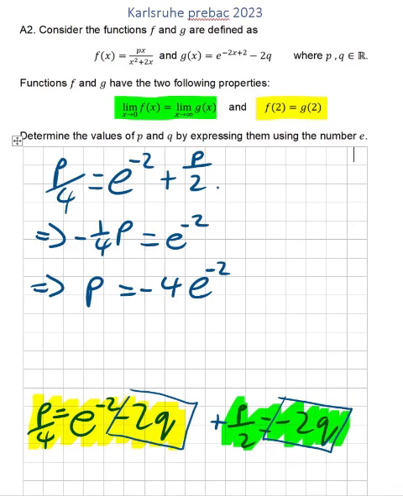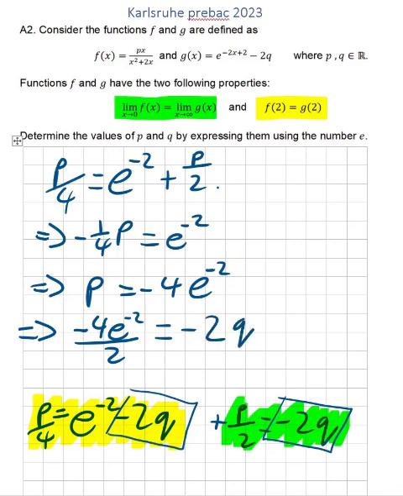Now, the next thing, if I'm looking for my q, I can use either expression, but this one here, the green one, is going to be by far the easiest. So if p is equal to minus 4e to the minus 2, then I'm going to get minus 4e to the minus 2 all over 2 should be equal to minus 2q.